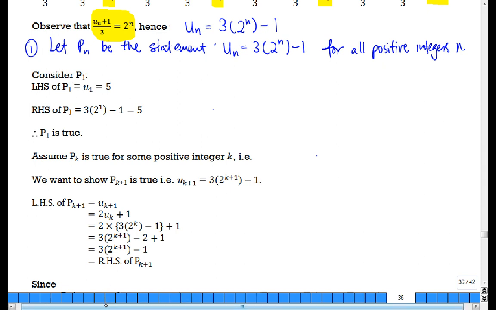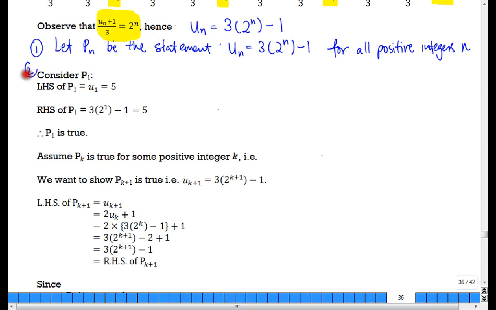Second step, consider first case P1, very explicit. U1 is 5, this is given. Substitute 1 into the formula. You will write this step, must write this, equals to 5. So P1 is true. Step number 3, assume Pk is true for some positive integer k.